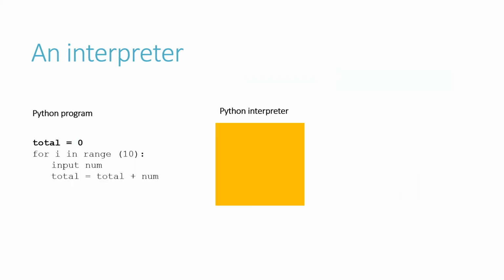An interpreter works in a completely different way. A single line of your Python program is sent to the interpreter at any one time. So in this case, total equals 0. The interpreter causes the control unit to send out control signals that match this line.